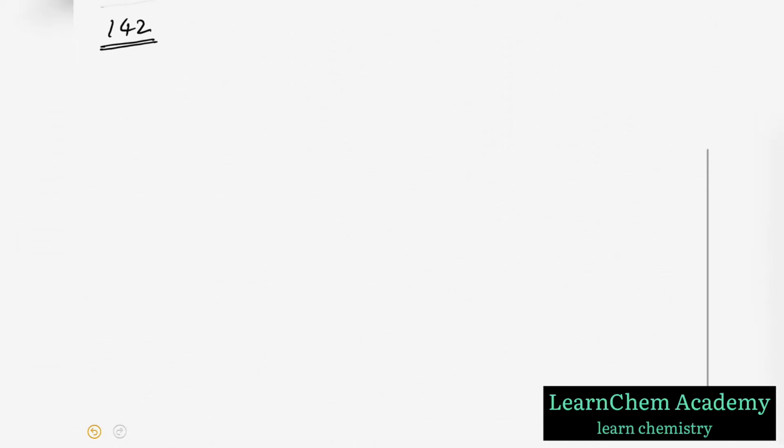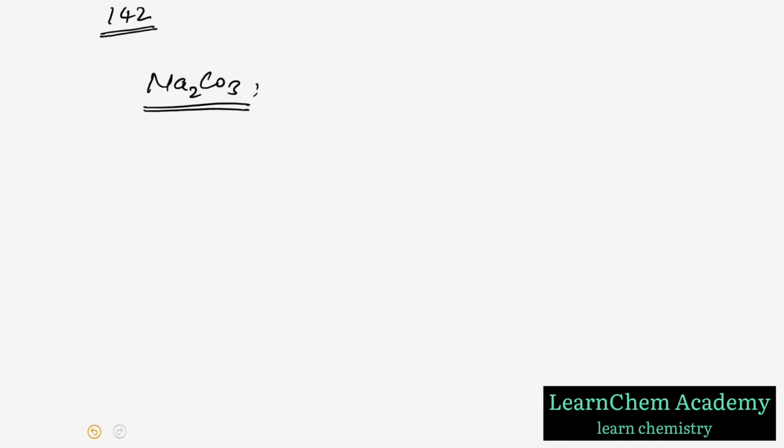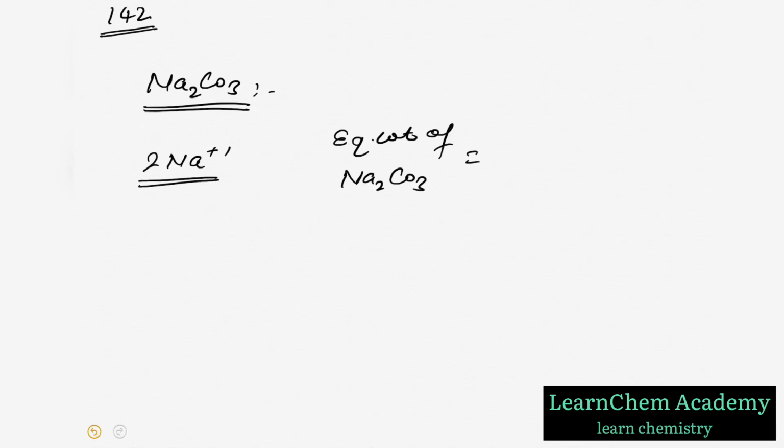Next example, sodium carbonate, Na2CO3. In case of Na2CO3, it also contains two sodium ions, and their valency is +1. So equivalent weight of Na2CO3 is molecular weight of Na2CO3 upon number of metal atoms into their valency.